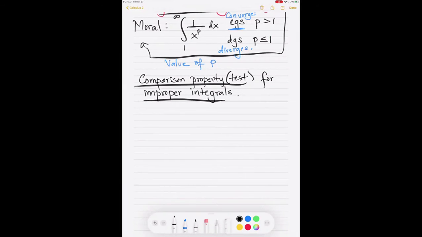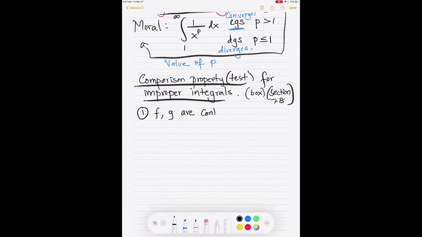So this comparison property is written in a box in the textbook in section 7.8. So I'm going to actually read those lines, and I'm going to start drawing pictures. The first thing in the box says that f, g are continuous functions.